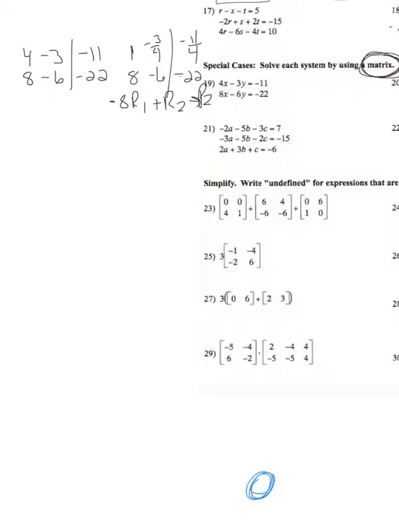Okay, so row 1's not changing, so I've got 1, negative 3/4 and negative 11/4. Then I'm doing negative 8 times this, so negative 8 plus 8. Okay, that's 0. Negative 8 times this. So if I just go over to the side, I got negative 3/4 times negative 8.